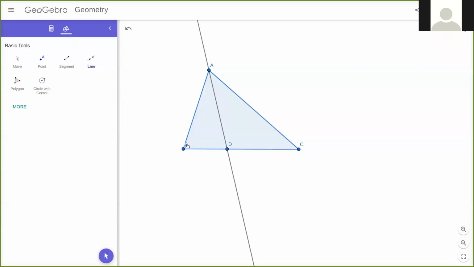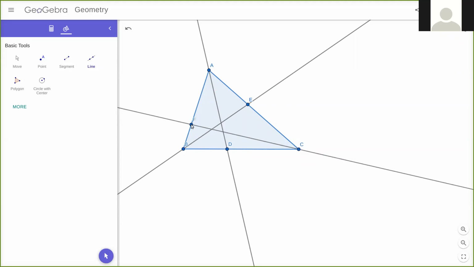So say you have a point D on BC, and AD is a Chevian. If you have a point E on CA, then BE is a Chevian. And then finally, if you have a point F on AB, then CF is a Chevian of the triangle.